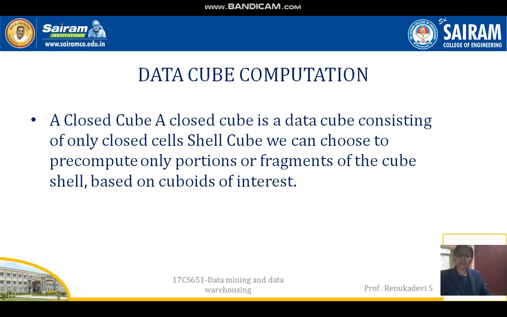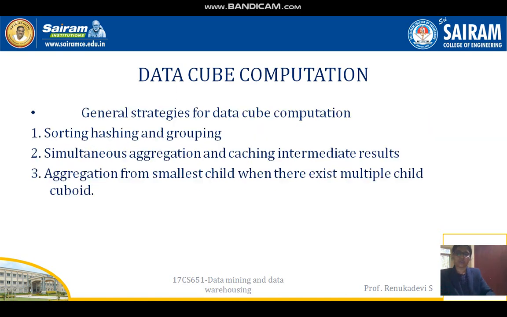Next, the computation of sparse data cubes, with general strategies of data cube computation: sorting, hashing and grouping, simultaneous aggregation and caching intermediate results, and aggregation from the smallest child when there exist multiple child cuboids. The most discriminating dimension should be used first, with dimensions in order of decreasing cardinality and increasing maximum number.